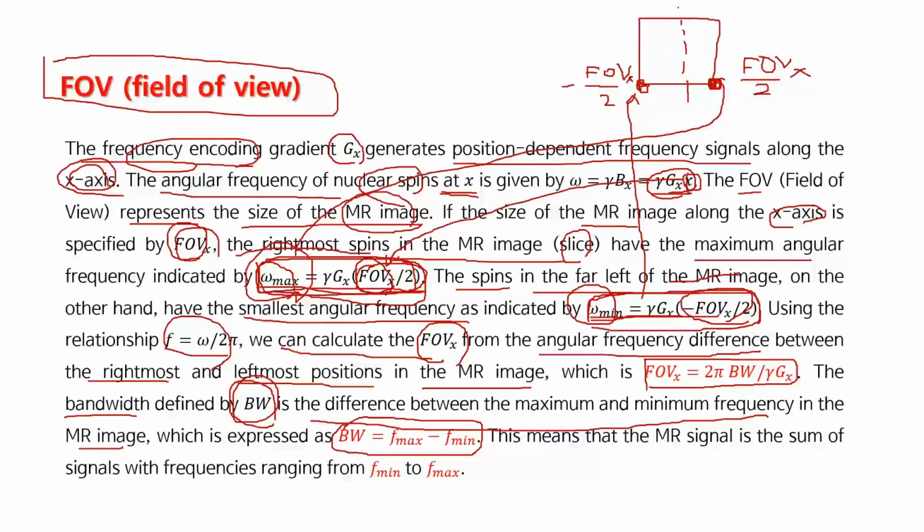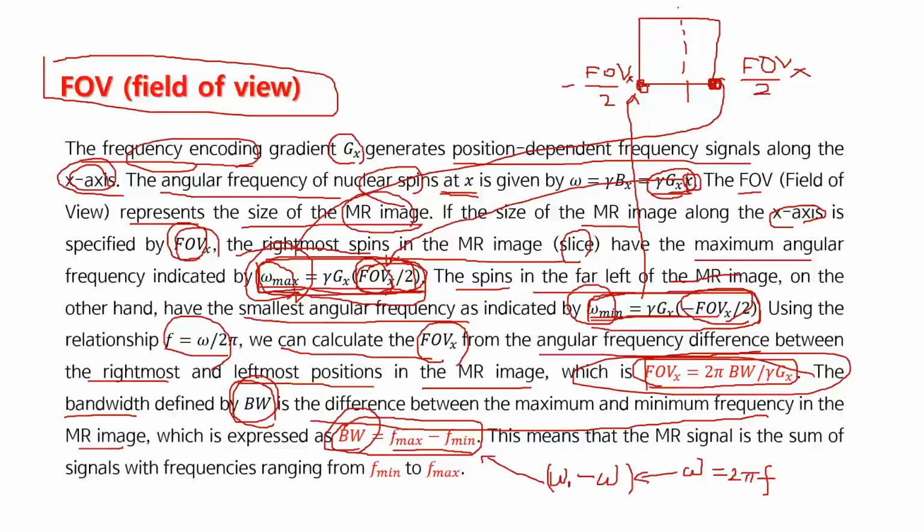So here omega max minus omega minimum, and we can use omega equals 2 pi f, then the bandwidth is f maximum minus f minimum, and we also have this expression.